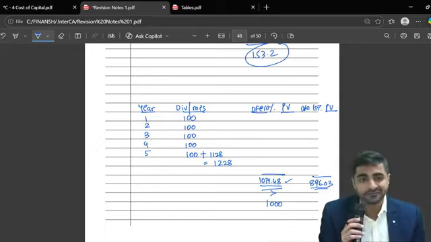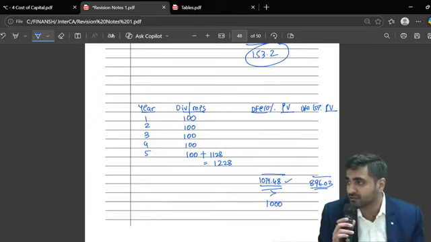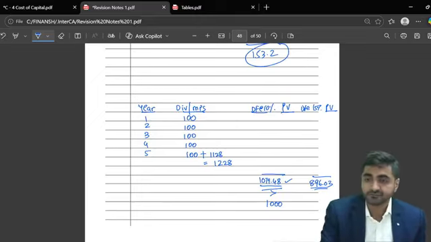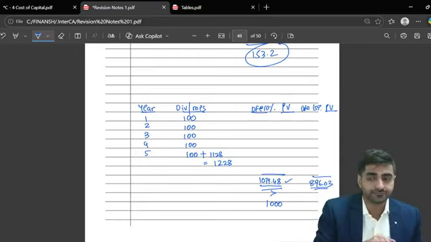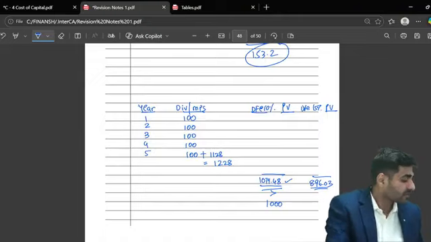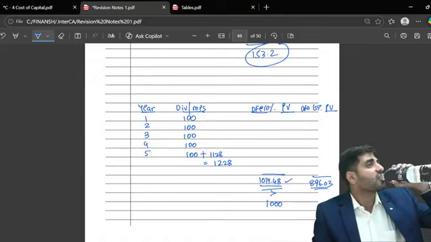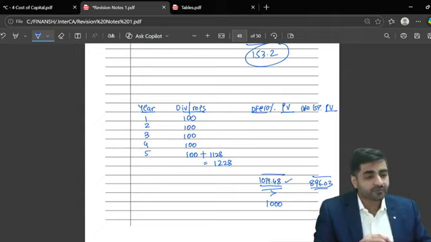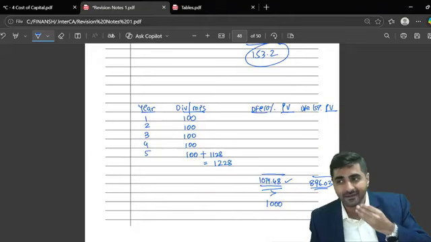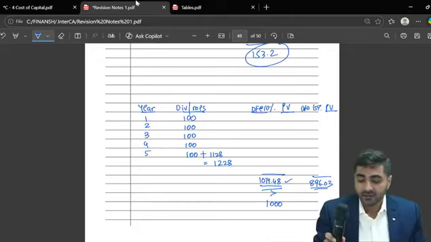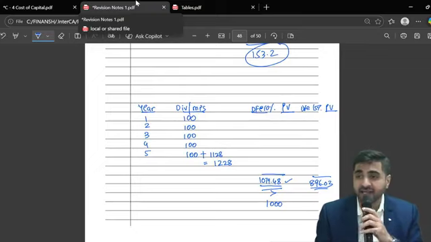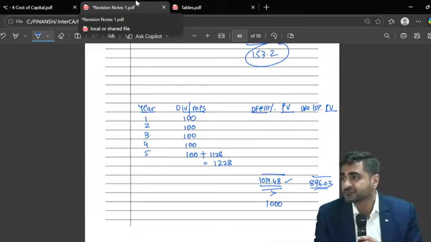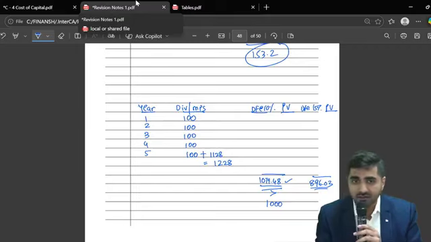Present value 896.03. Everyone should get this as 896.03. Barabar? Everyone got this? Okay.